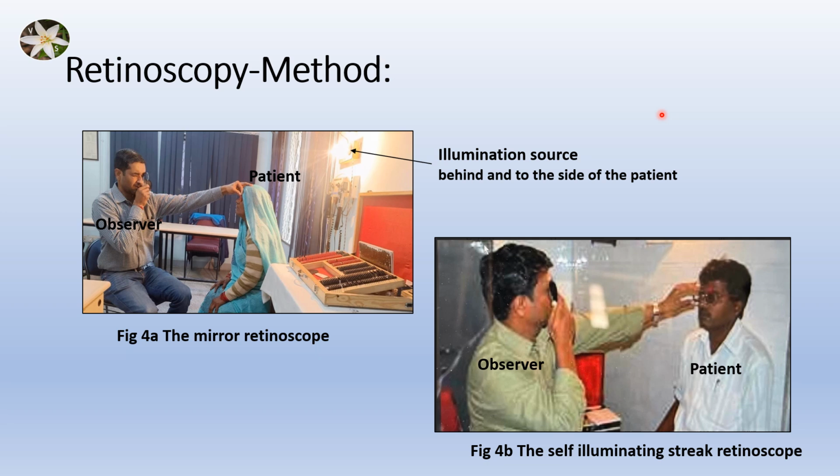So he observes the brightness, he observes the width, and he observes the direction and speed of movement of the glow associated with tilting of the mirror horizontally, vertically, or in the required direction. Each eye is tested separately.